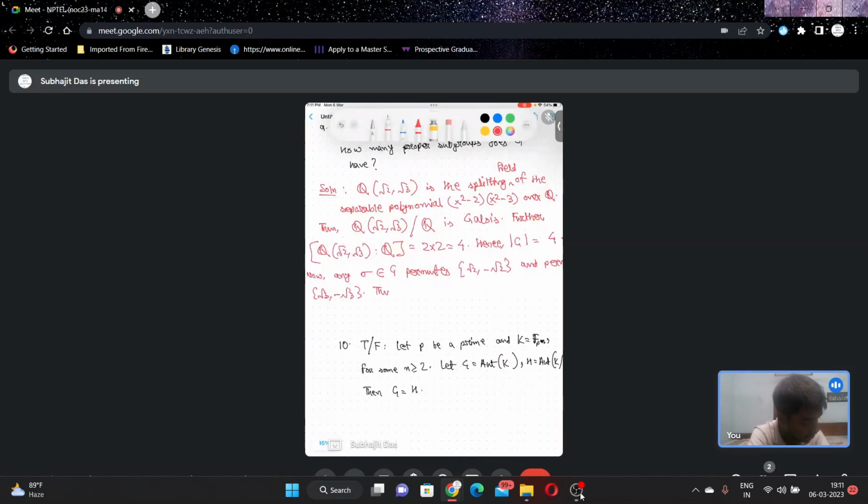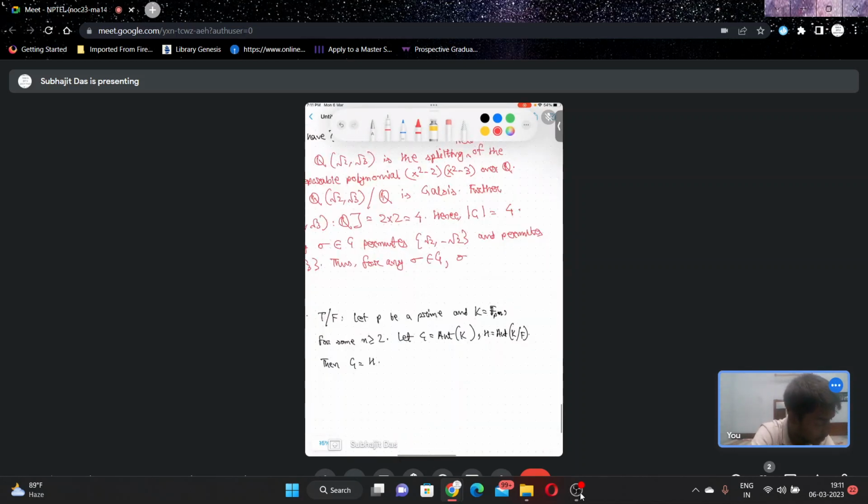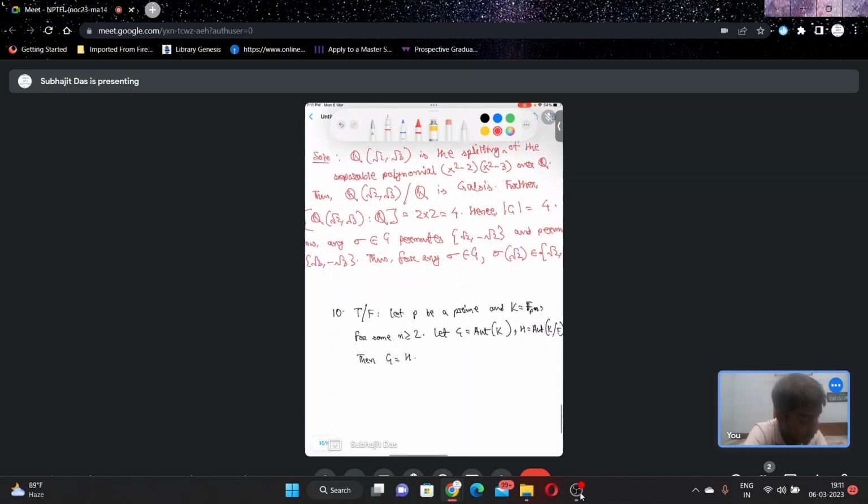Thus for any sigma in G, sigma maps root 2 onto either root 2 or minus root 2, and sigma maps root 3 onto root 3 or minus root 3.